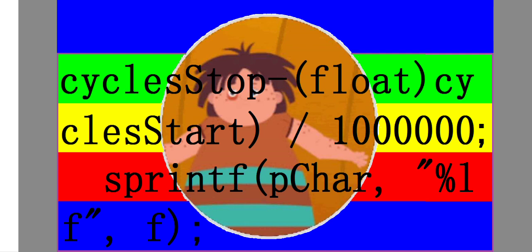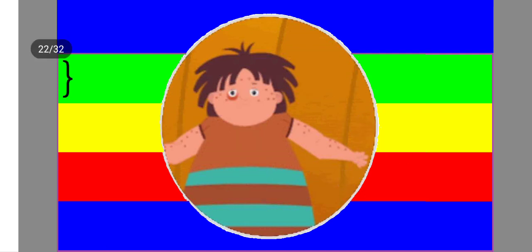As printf pchar, comma, quotation %lf, comma, F semicolon. Curly bracket.